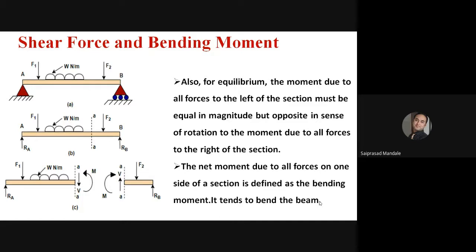In the similar way, the summation of moment acting around any point at the left hand side and right hand side are always equal, and that tends to bend the beam. If the moment acting on either the left hand side or right hand side is considered, that moment leads to bending of that particular beam, and the summation of moment on a beam in equilibrium is always equal to 0.